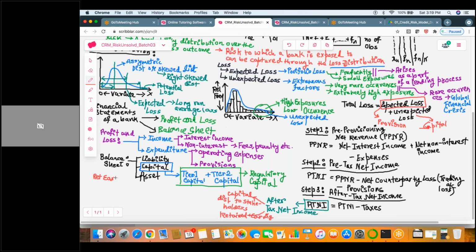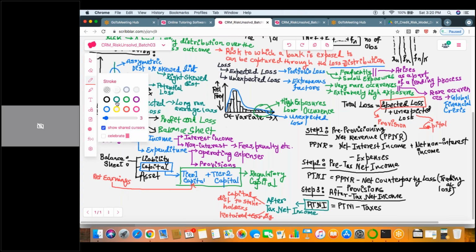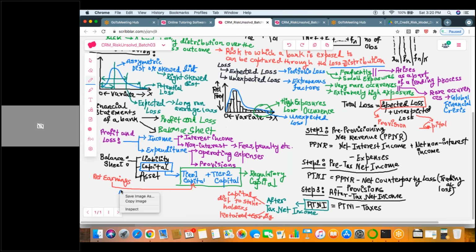The net retained earnings are used to add to the equity. Retained earnings are added to the equity, which is the tier 1 capital. So over here what you get to see is this creates an addition to equity.